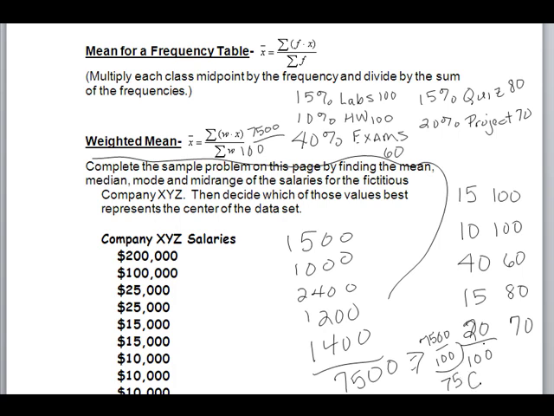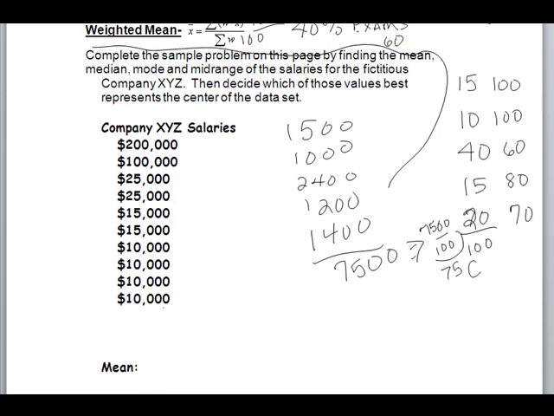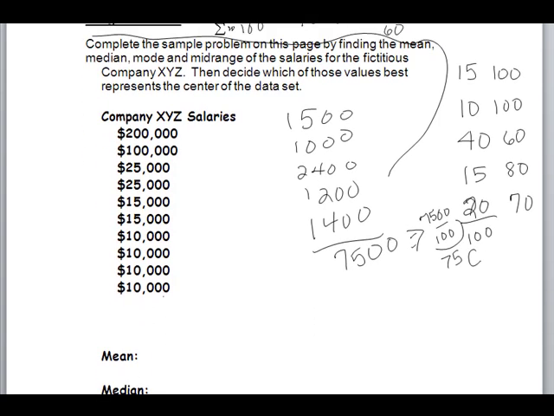Okay, now we get to a sample problem. I want you to complete this sample problem on this page by finding the mean, the median, the mode, and the mid-range of the salaries for the fictitious company XYZ, and then decide which of those values best represents the center of the data set.